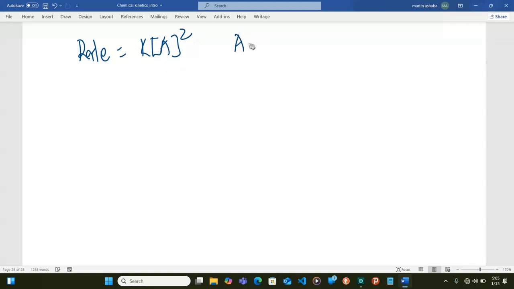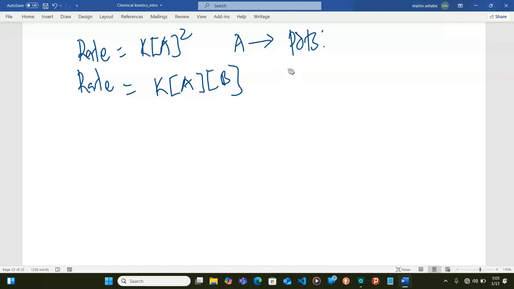This is when we have A reacting to give us products. But we can also have rate equal to k times A times B. And this is when we have A plus B reacting to give us product. Yes. So, either way, when you sum the powers, they should give you 2.